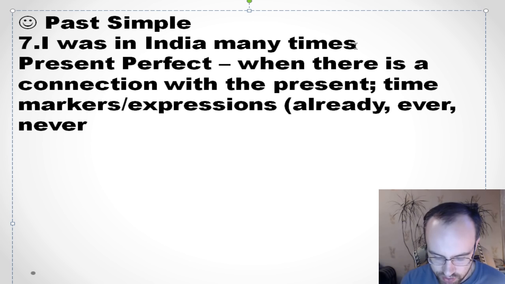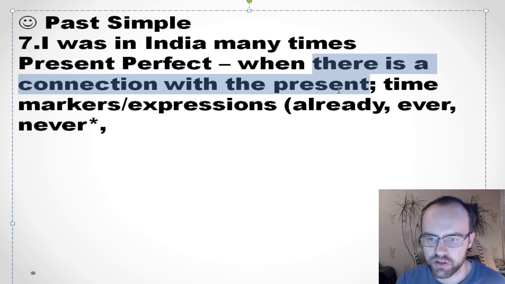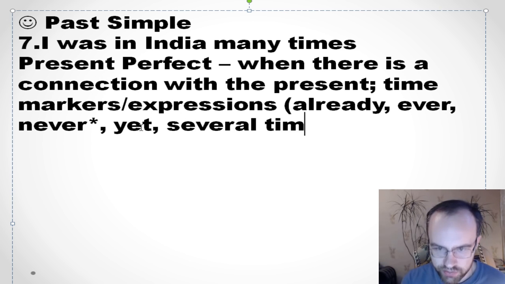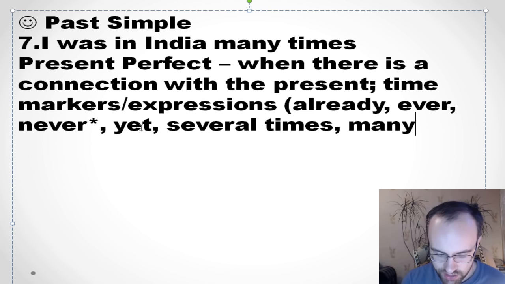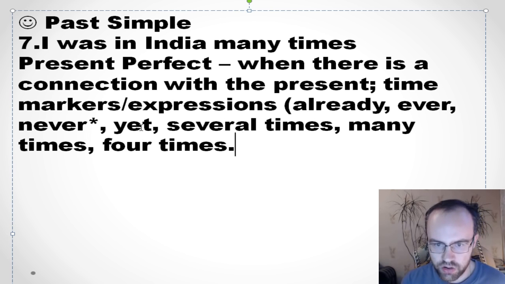Sometimes we use never with past simple, but we often use it with present perfect, if there is a connection with the present: ever, never, yet, several times, and different phrases with times. So several times, many times, 4 times, and so on.